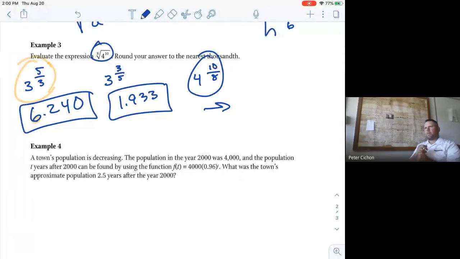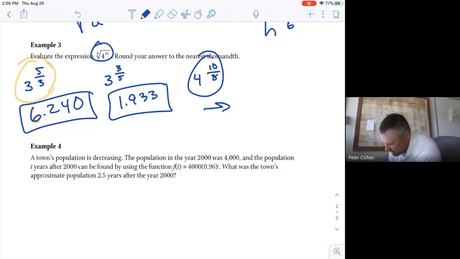Okay. All right. So this last word problem. A town's population is decreasing. The population in the year 2000 was 4,000, and the population T years after 2000 can be found by using the function. So they give us a function. What a function means is you put a number in and you get a number out. It's all about an input and an output.